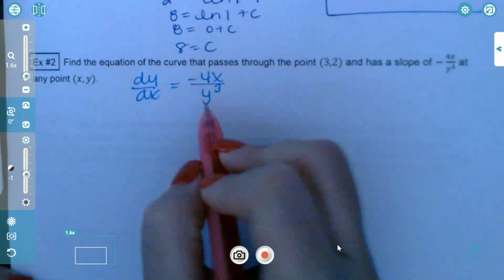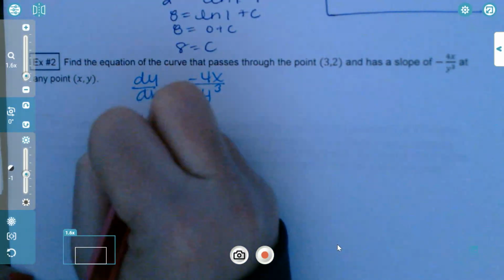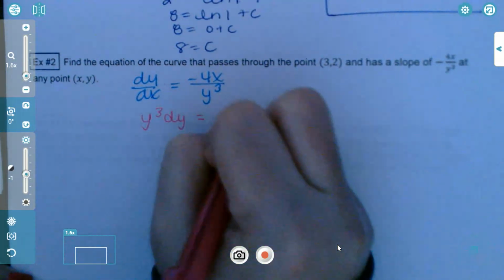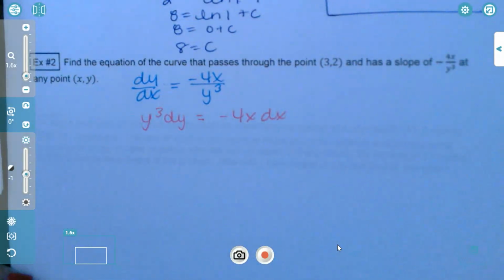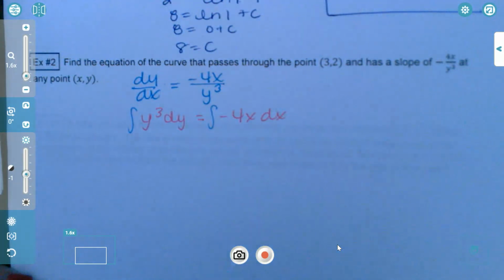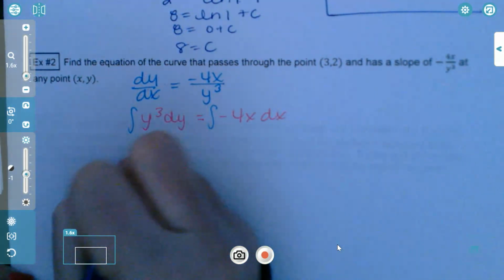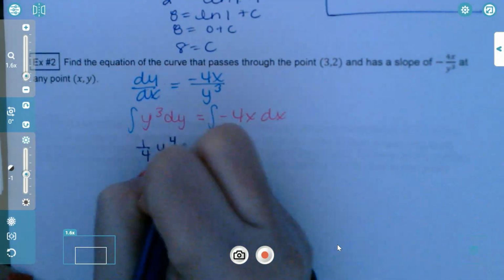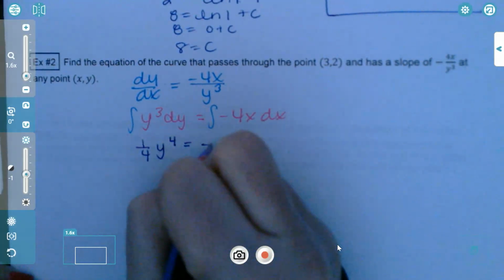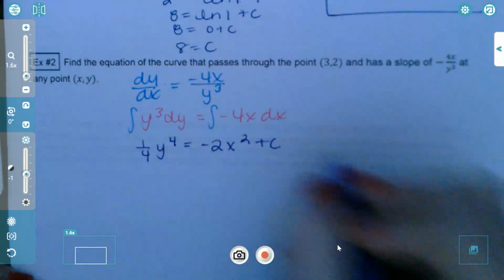Our x's are across from our x's, y's from y's, so we're going to go ahead and cross multiply. So y cubed dy is going to equal negative 4x dx, and we can take the antiderivative there. So y cubed becomes 1/4 y to the fourth. Negative 4x becomes a 2 in the denominator. Negative 4 divided by 2 is going to be negative 2x squared plus c.